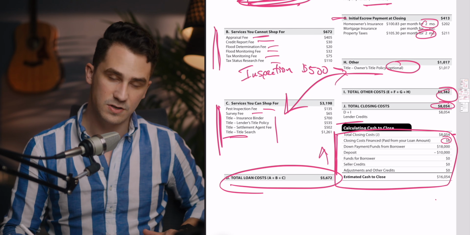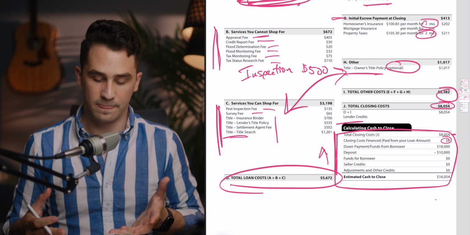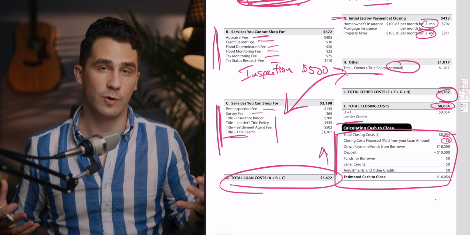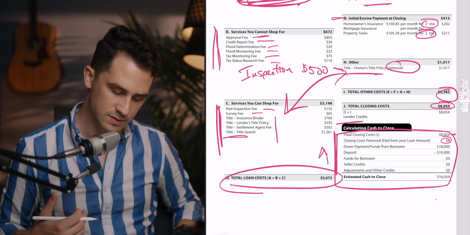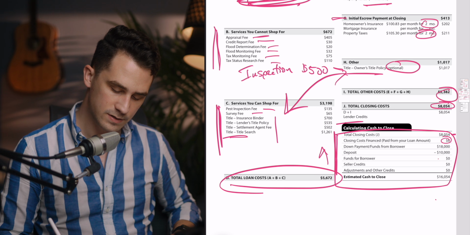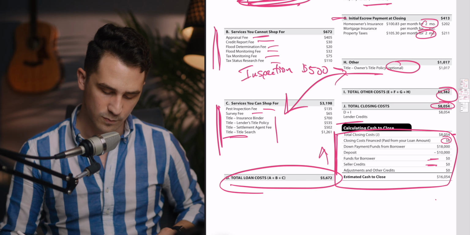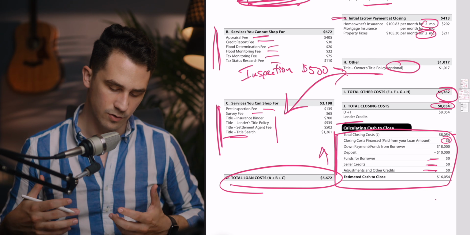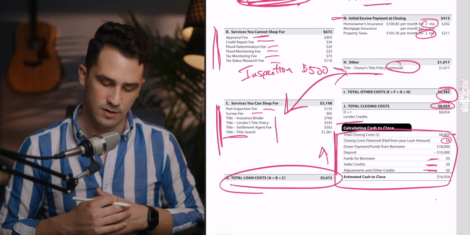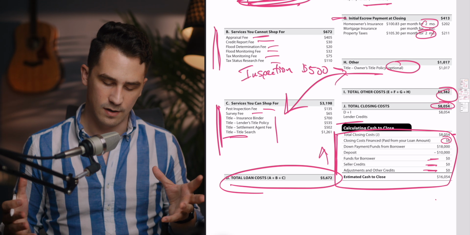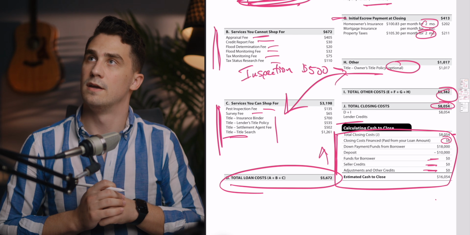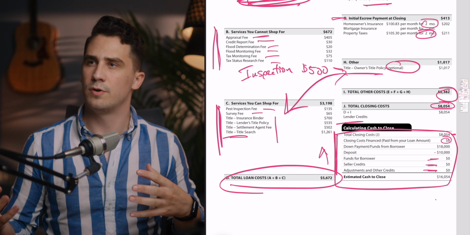Our deposit. If you put an earnest money deposit, that was money that you already paid. It applies as a credit towards your cash to close, since it's money that you already paid. If there's any funds for the borrower, but usually not. Seller credit, if you have a seller credit negotiated in your contract, that will be here. And then adjustments or any other credits that happen in here. A good example of this would be if there's a rebate for an appraisal.